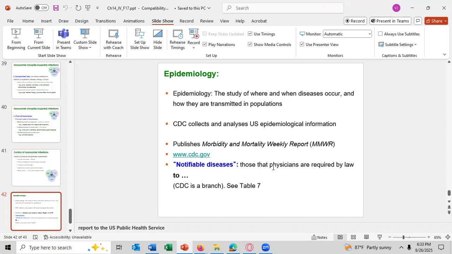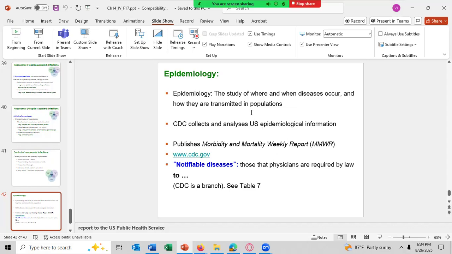So you would normally notify Clark County first, the health offices in Clark County. The health offices in Clark County send it to the state office for health in Olympia, and then the state offices send it to the Center for Disease Control, which is in Atlanta, Georgia.